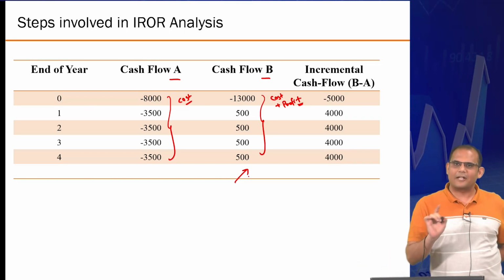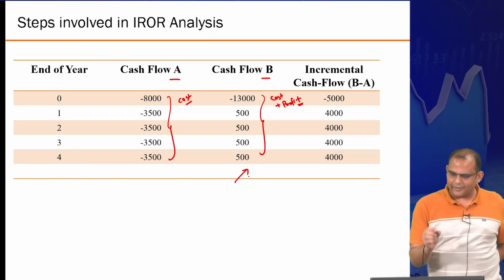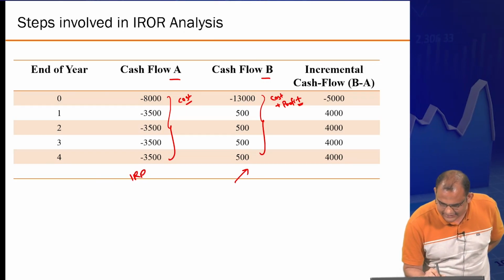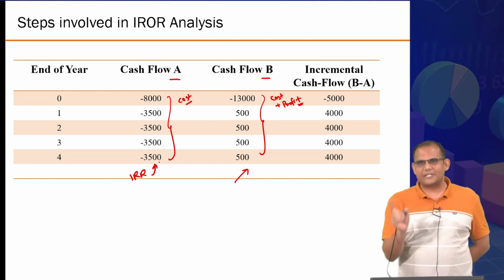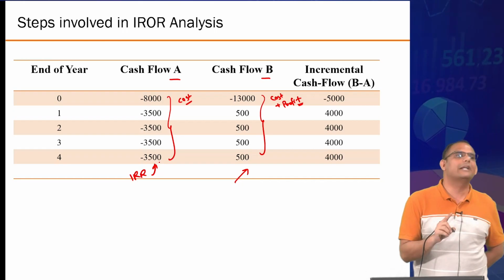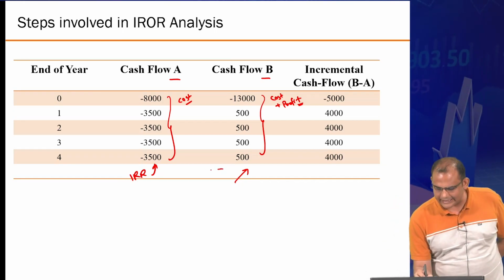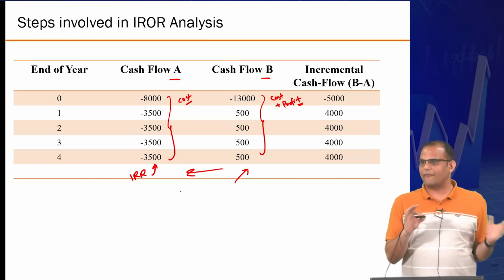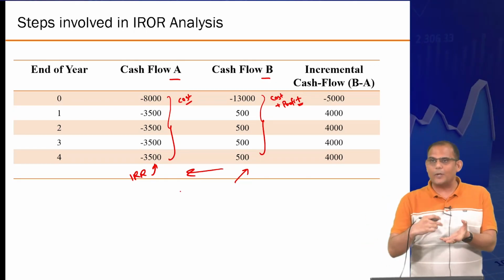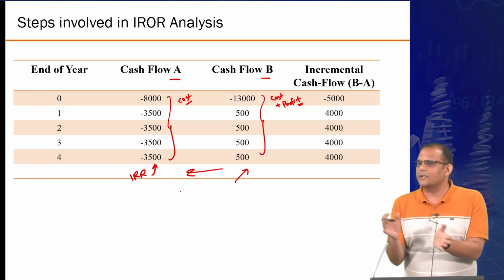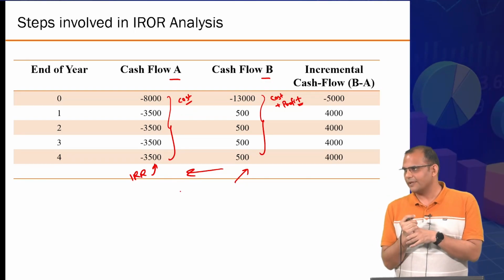Still, for comparison, even though you cannot use IRR analysis for only the cash flow series A, it is possible that you may be able to do an IRR analysis on the incremental series, which is the difference of the two series. Because the difference of the two series could result in a net positive cash flow for some combination, right?